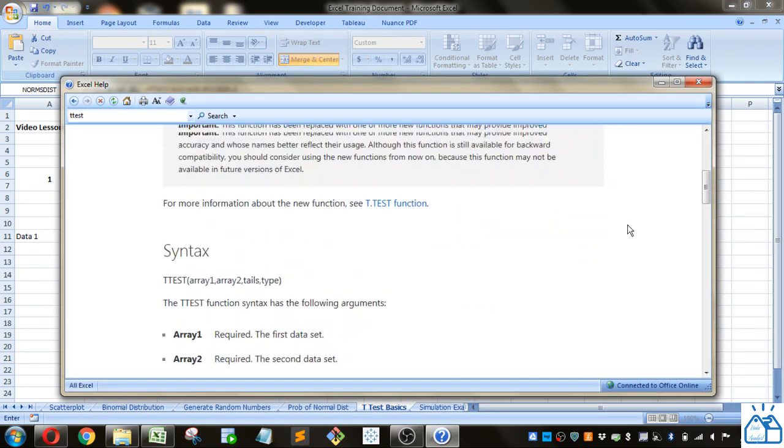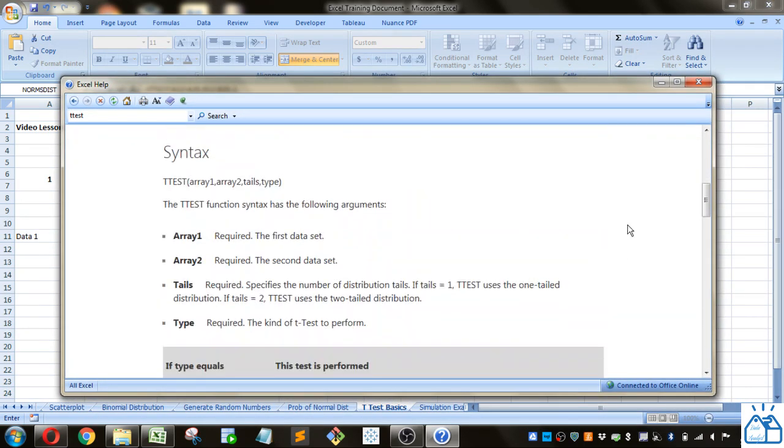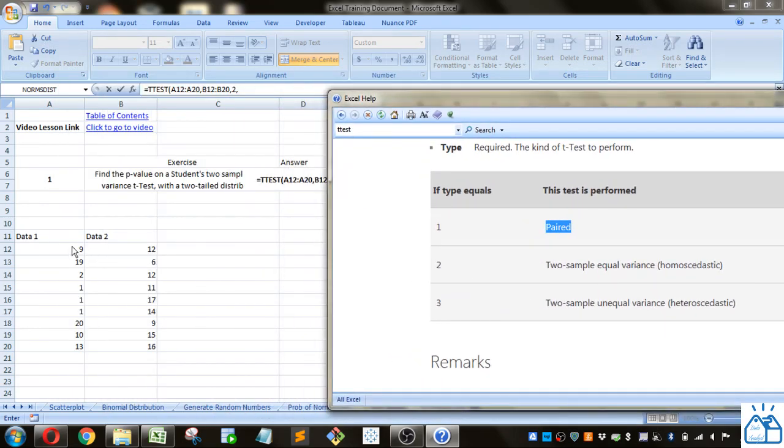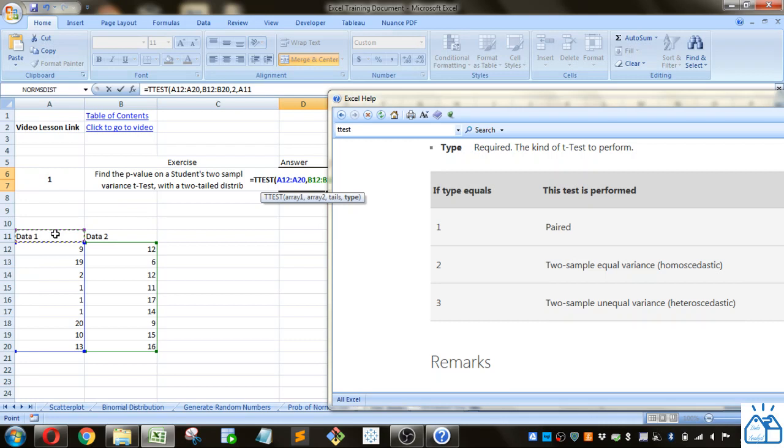Under t-test, if you go to the help, you'll see that for the type, you can put in 1, which is a paired t-test. A paired t-test would be, let's say, an exercise regimen that people are going through, where they were testing their heart rate before the exercise and the heart rate after exercise.